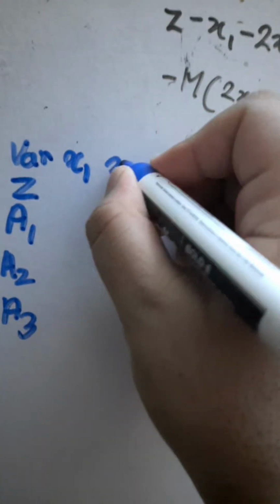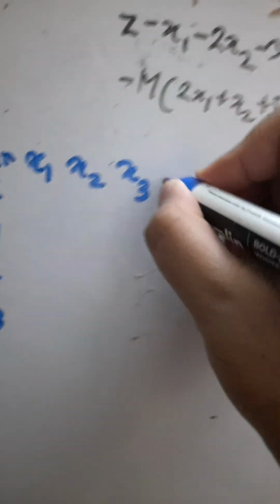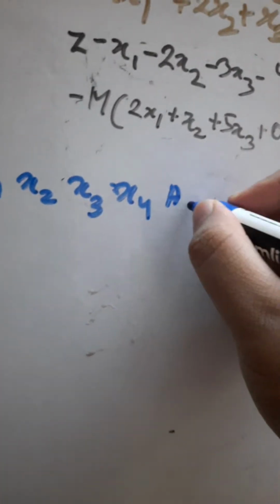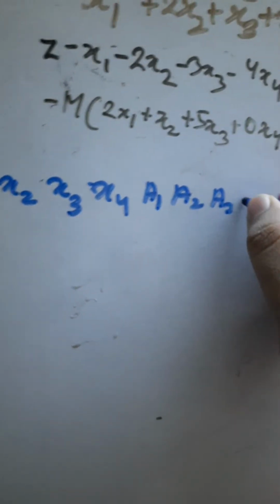Now it's time for the simplex tableau. Okay. Variables: z, a1, a2, because where there is an artificial variable we don't write slack variables, we instead write artificial variables. Okay, x1 x2 x3 x4, we write all the variables here, even the artificial ones, a1 a2 a3 a4.